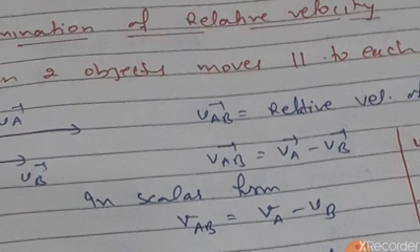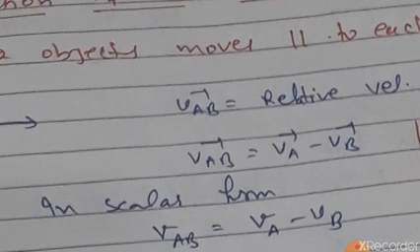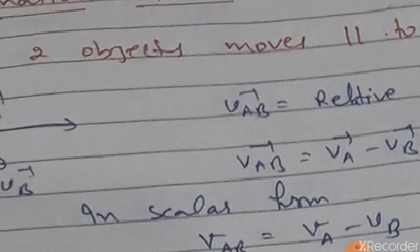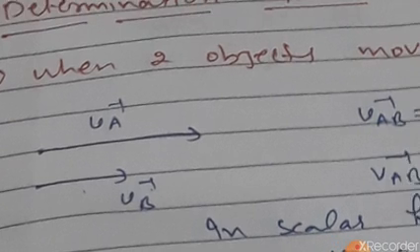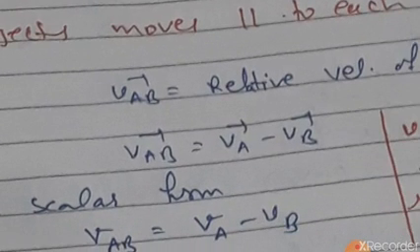So now we'll put the value of VA and VB. Since VA and VB both are in the same direction, these values will be taken as positive. So VA is positive and VB is also positive.